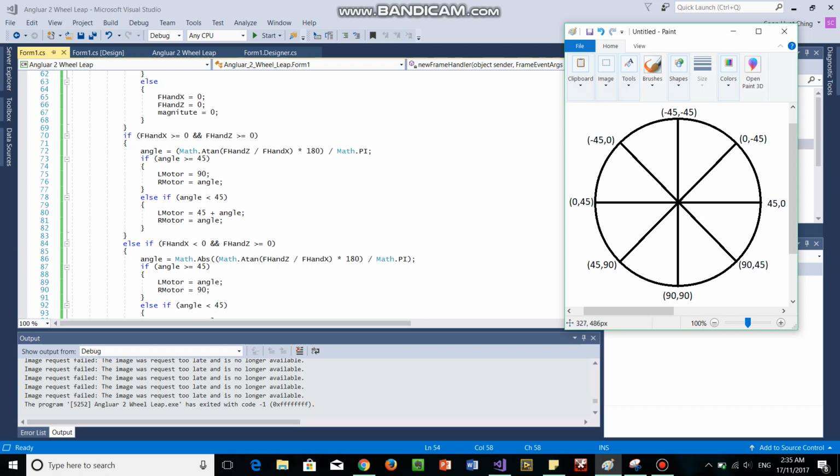So the left motor and the right motor will be at 90, then the left motor at 45 and the right at 90, 45 and 0 at this angle, 0 and minus 45, and so on. The reason I chose this method is to maintain the speed of the unit as it continues to be at these 2 segments, so that it will be effective. And once it reaches these two segments and below, it will slow down both motors so that it will focus on realigning back the awkward angle.